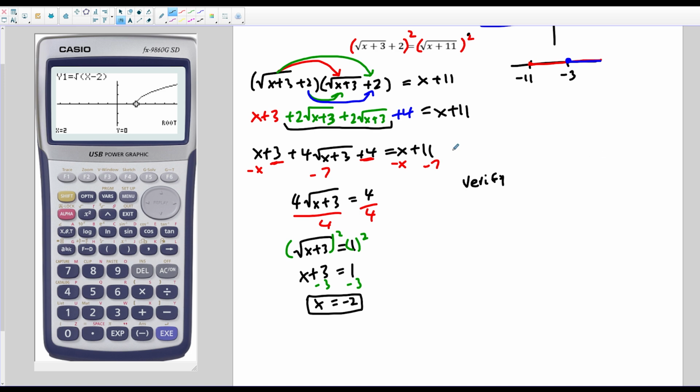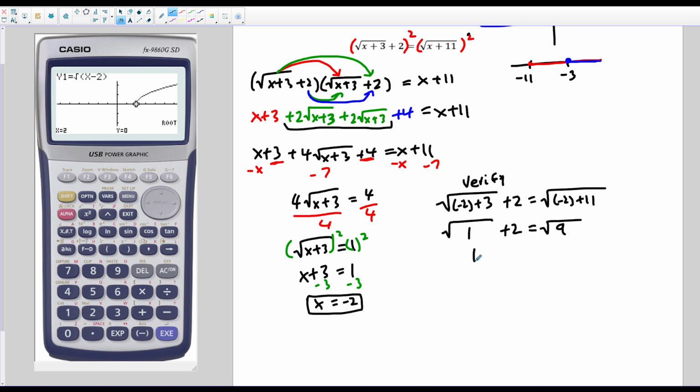So our original equation had the x plus 3 underneath, so we have the square root of negative 2 plus 3, and then plus 2 on the outside has to equal the square root of negative 2 plus 11. And from here, we've got the square root of 1 plus 2 is equal to the square root of 9.